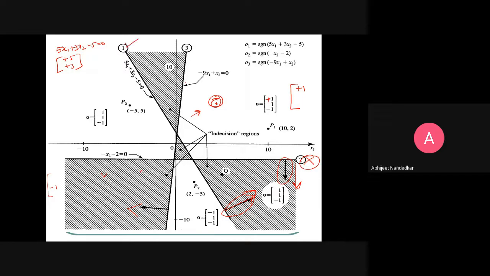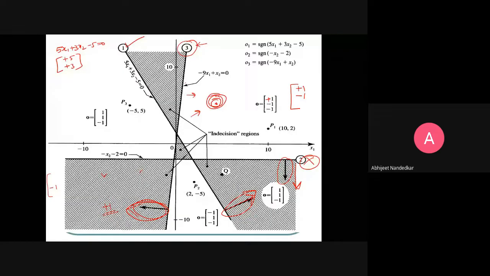Neuron number 1 is going to fire, neuron number 2 is not going to fire, so my answer for neuron number 2 is -1. What will neuron number 3 do? Neuron number 3 is implementing this line and it is saying go this side, then I am going to fire. But we are behind this line, so it will produce -1.